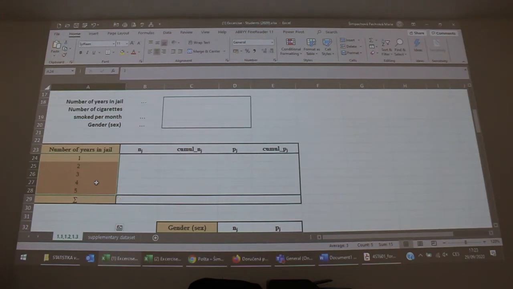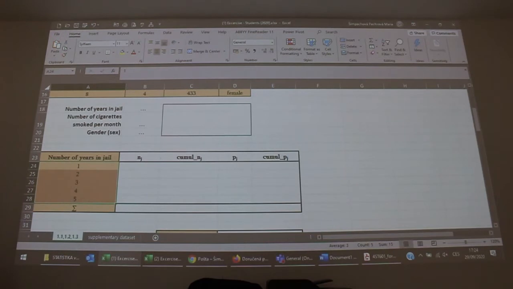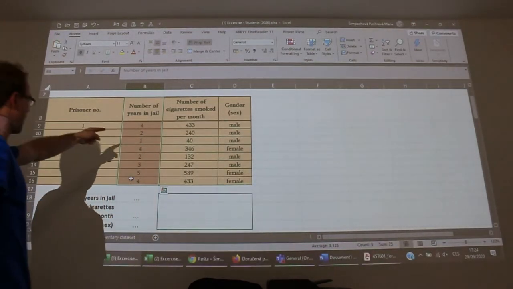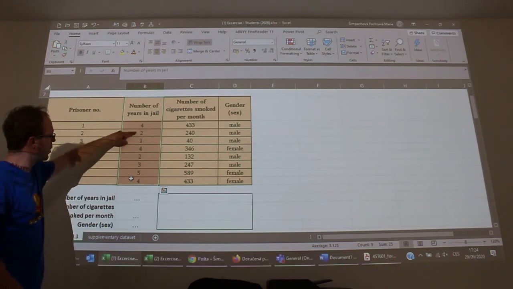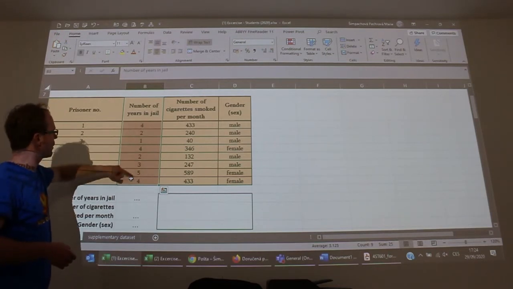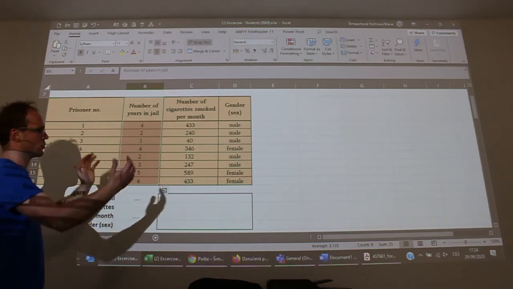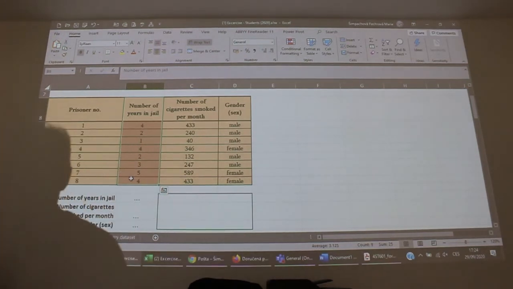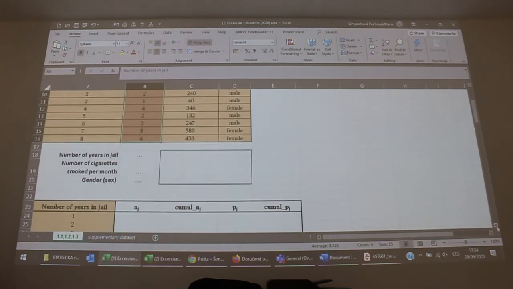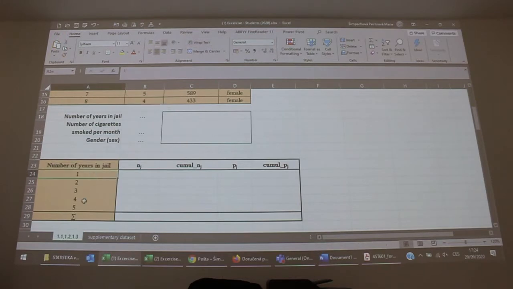If you check this table with values, you can find here value 1 year spent in jail, 2 years, 3 years, 4 and 5, nothing more. So the range of possible values of this variable in this sample is 5 possible values from 1 to 5.